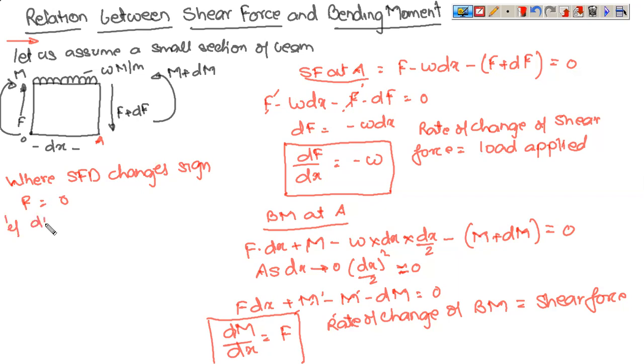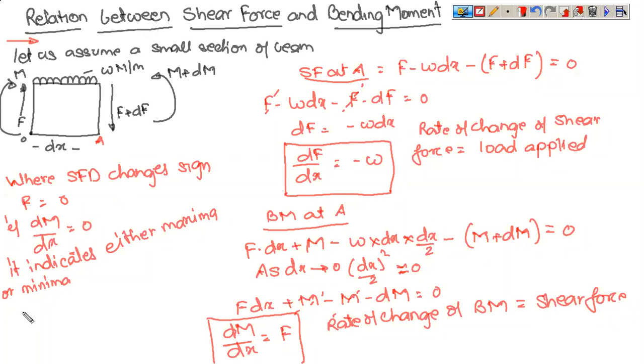That means if dM by dx is equal to 0, it indicates either maxima or minima.